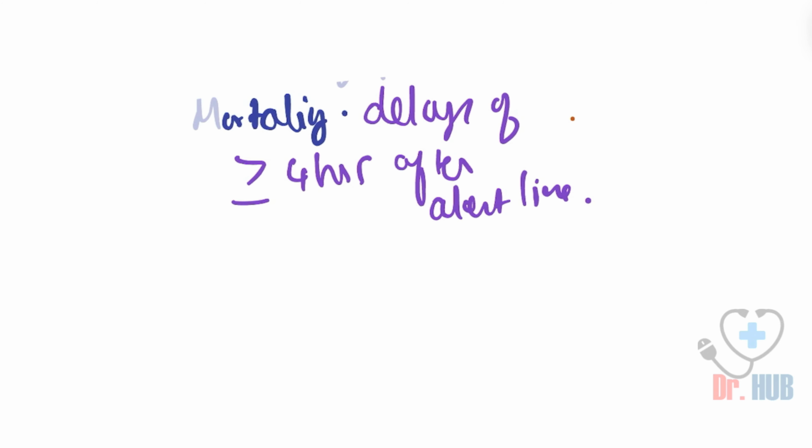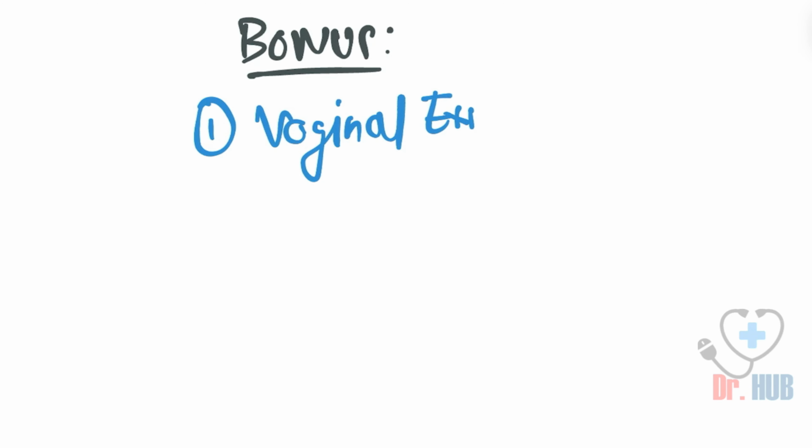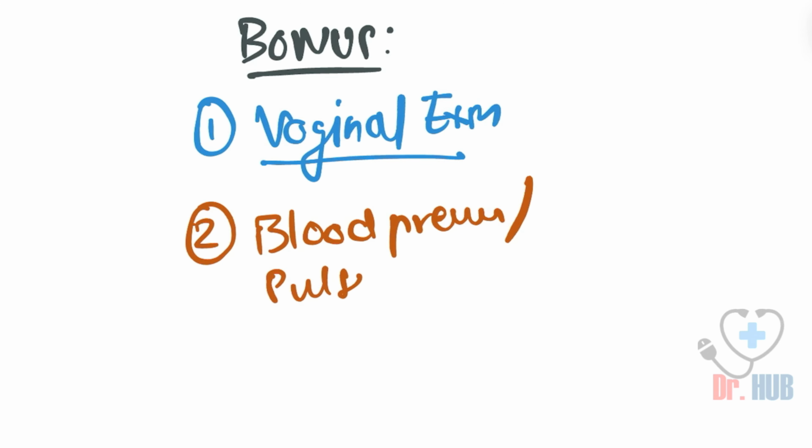Now we move on to some bonus questions which can be answered in the comments. The first question: talk about the vaginal examination in the partogram and how significant it is. The second question: talk about the measurement of blood pressure, pulse and temperature.